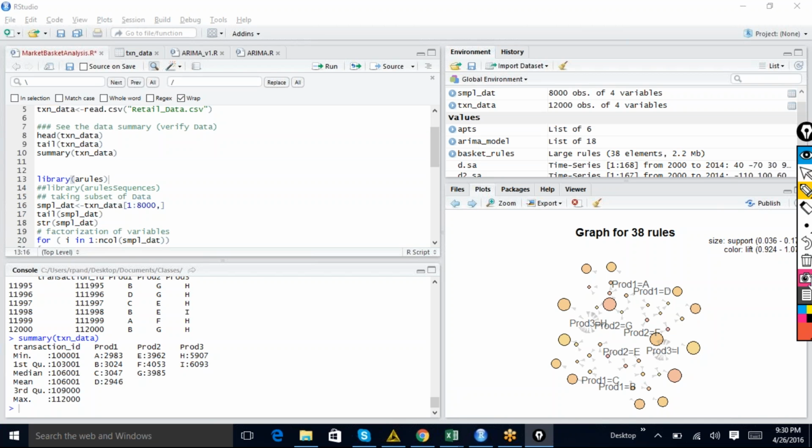Now the package that we'll be using here, as we discussed earlier, if you don't have this package installed, you have to install it. The package is called arules, which is short for association rules or affinity rules. It goes by a number of different names: association rules, affinity rules, market basket analysis, recommendation engine.